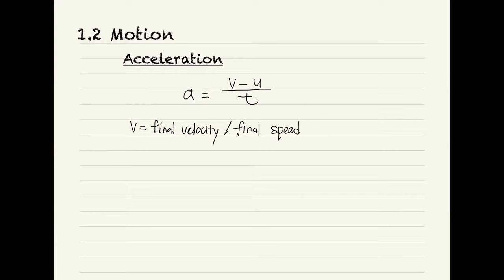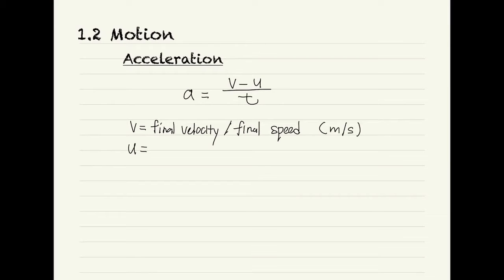The next one is the acceleration. The formula of the acceleration is A equal to V minus U divided by T. V is final velocity or final speed with the unit meter per second.